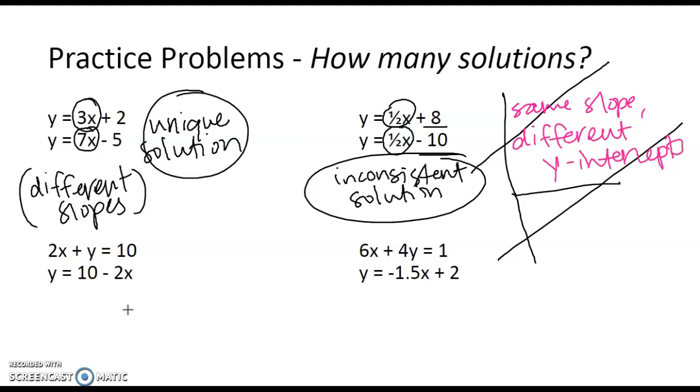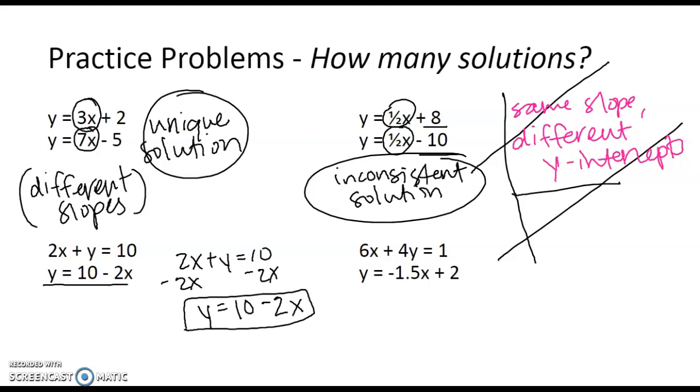In our next example, we have 2x plus y equals 10 and y equals 10 minus 2x. So I'm going to rearrange my first equation to be in y equals mx plus b form. So I have 2x plus y equals 10, and I just want to subtract 2x from both sides. So I get y equals 10 minus 2x. Now this equation and this equation are exactly the same.